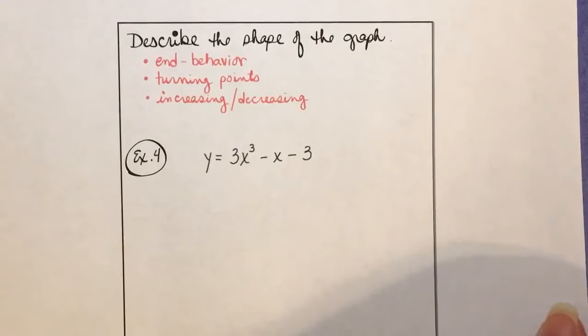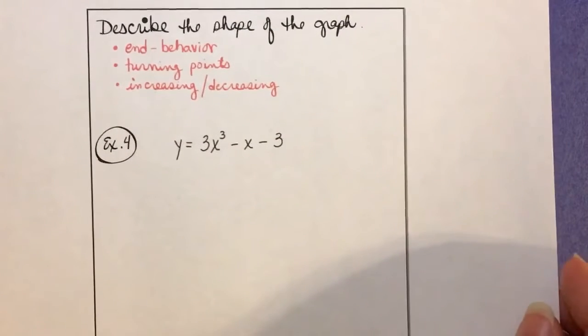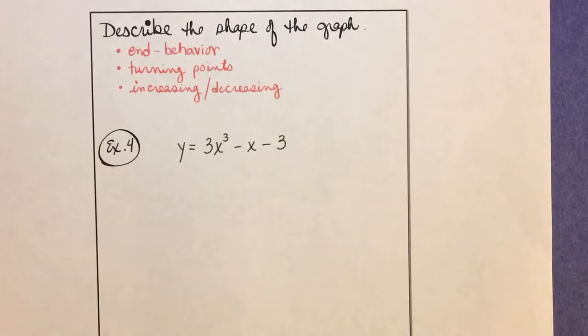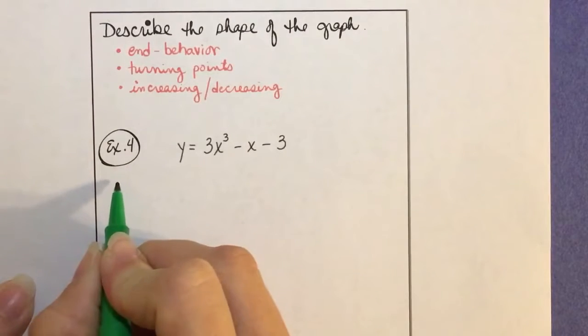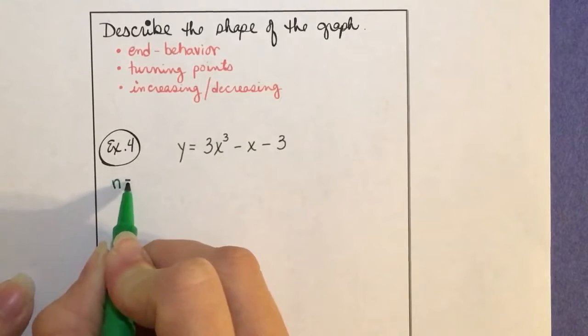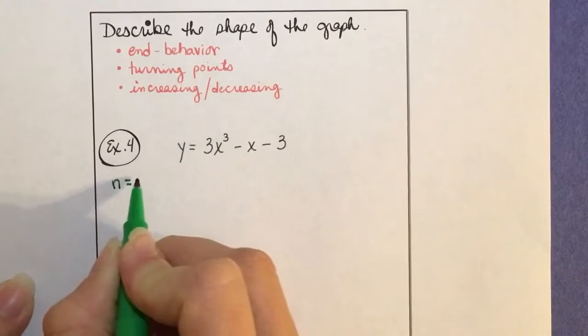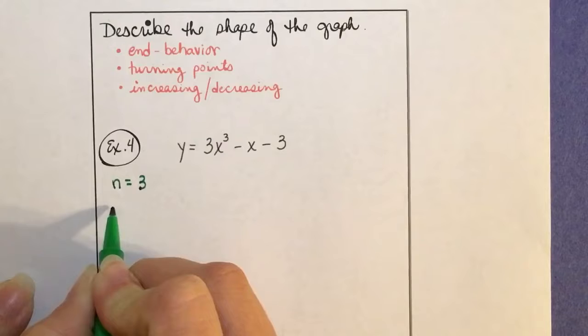Okay, first problem that we're going to look at, and we're going to use our calculator to help us out with this. You are asked to determine end behavior, turning points, increasing and decreasing, okay? So we'll have to use our calculator to help us with the increasing and decreasing. So let's talk about end behavior. Okay, first of all, n, which is your degree, is going to be your largest exponent, which is 3.